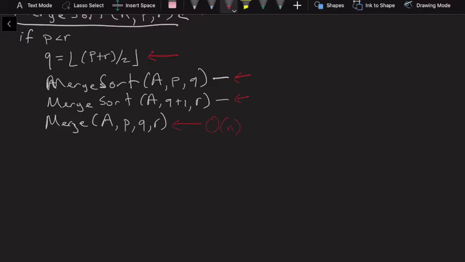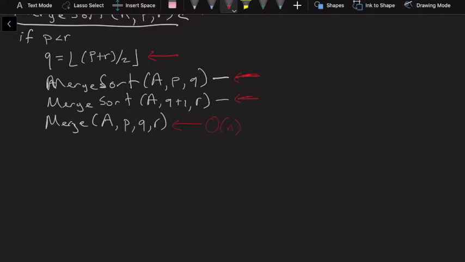Well, the main thing we have to think about is that we don't know exactly how long the smaller merge sort takes, because we're trying to figure out how long the large merge sort takes. All we know is that each one of these merge sorts is just performing tasks on an array that is half as big.